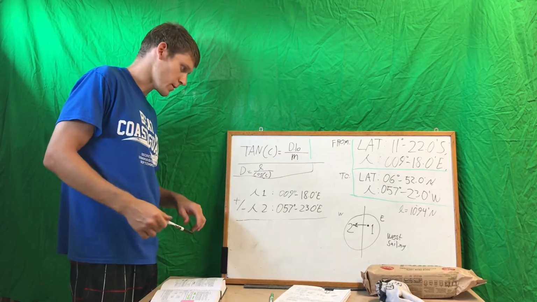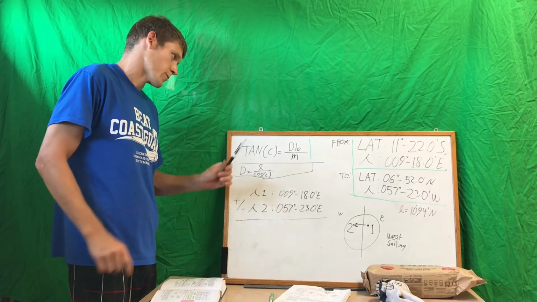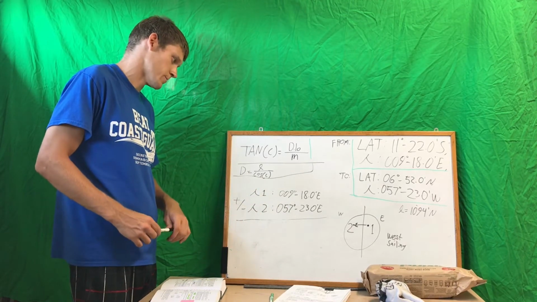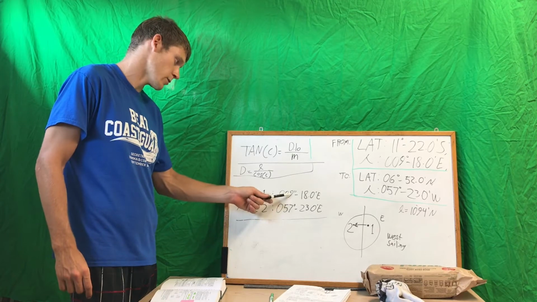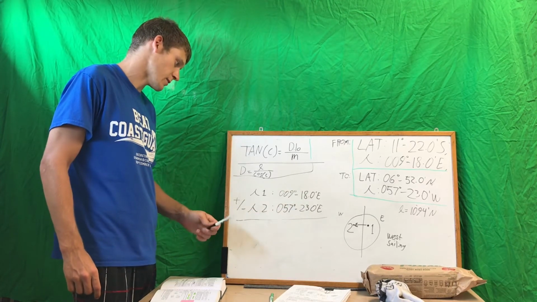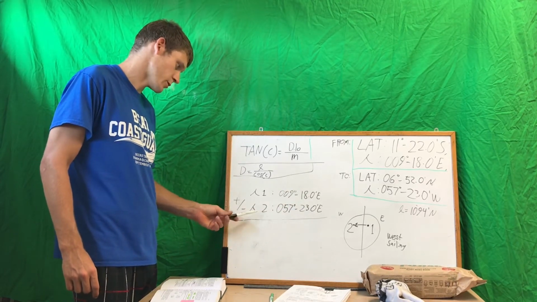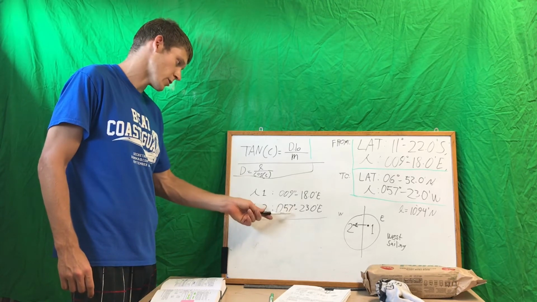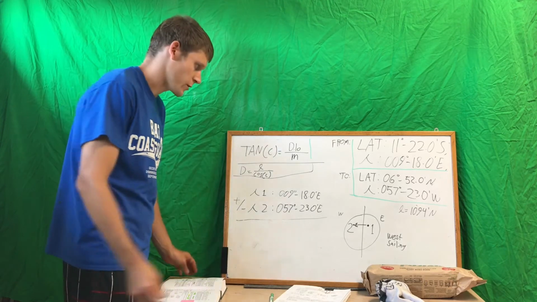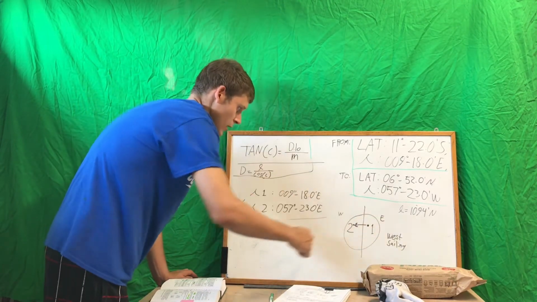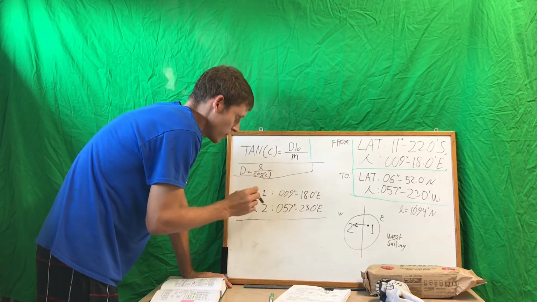Now the next step, we're going to find our difference of longitude. So we know our longitude 1 was 009 degrees, 18 minutes east, and longitude 2 was 057 degrees, 23 minutes west. So like I said, I always like to draw the little Earth, and then I plot where I am.